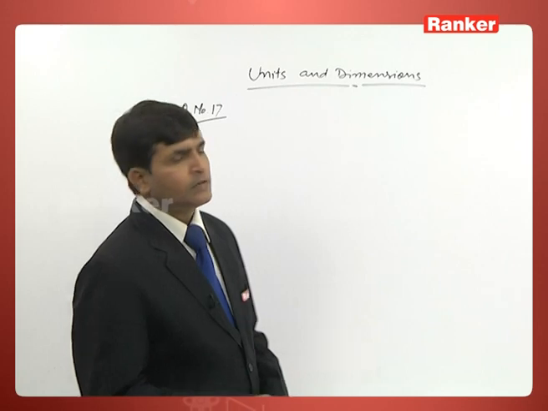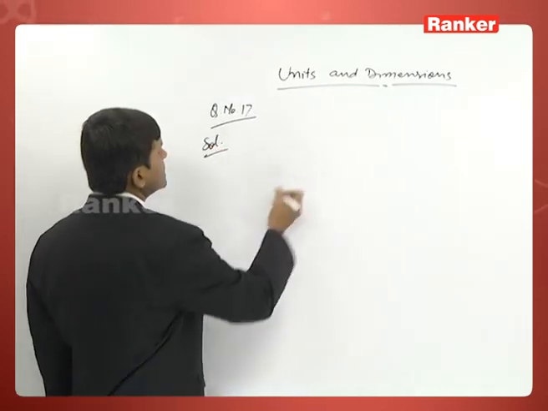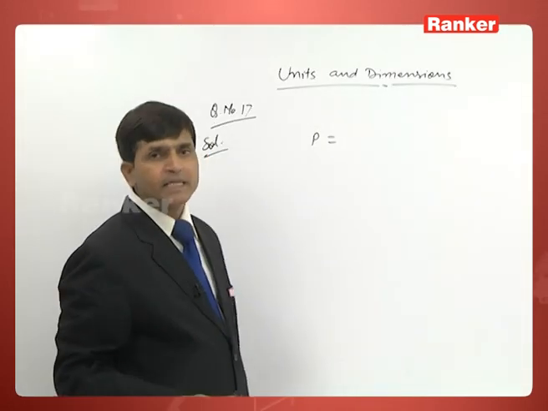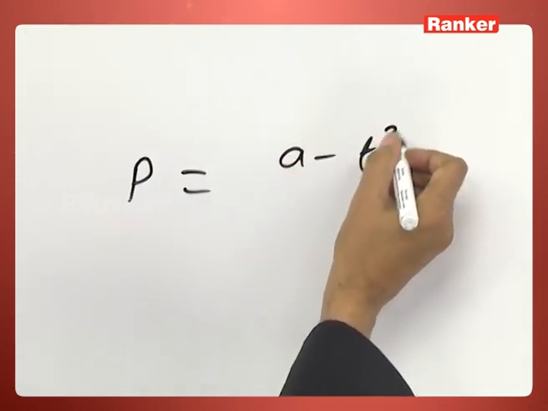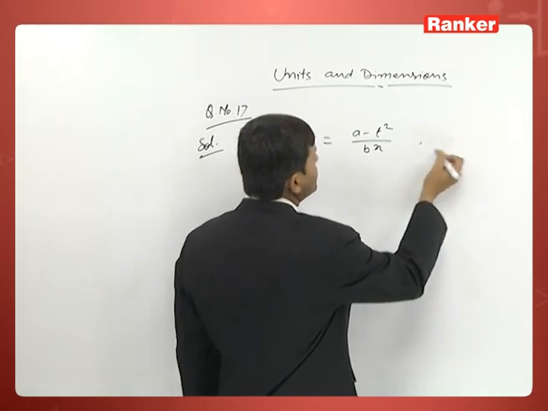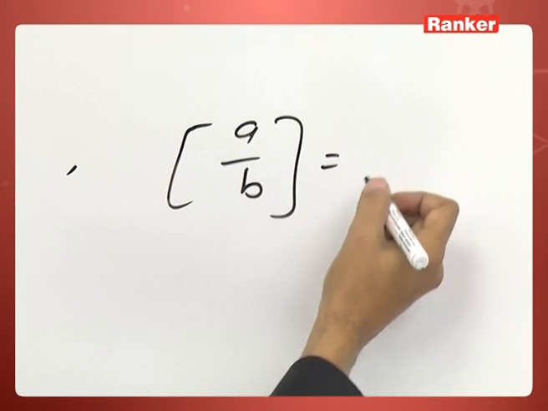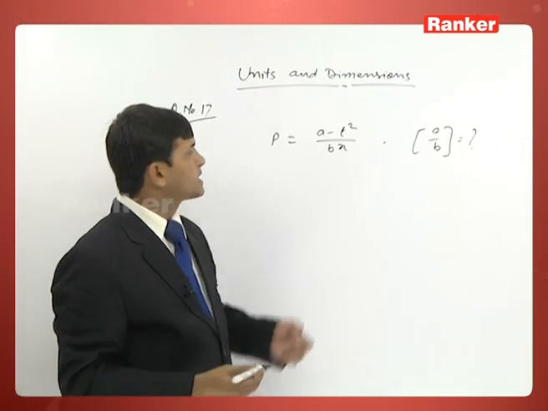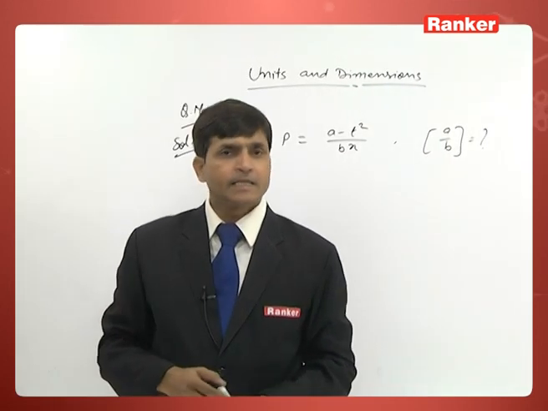See the expression first of all. Our expression is given as P is equal to A minus T square by Bx, and we have to find the dimension of A by B. This we have to calculate, where P is the pressure, T is the time and X is the distance.